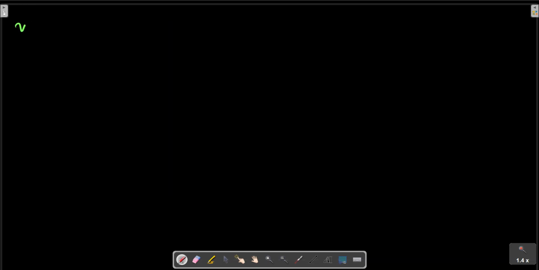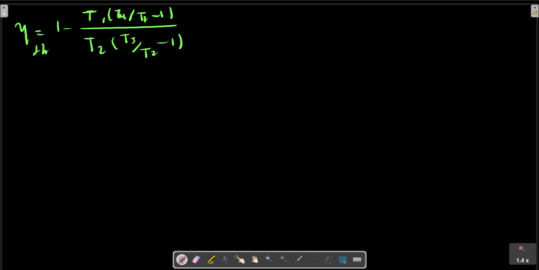Or we can have eta equals one minus T1 (T4 on T1 minus 1) over T2 (T3 on T2 minus 1).